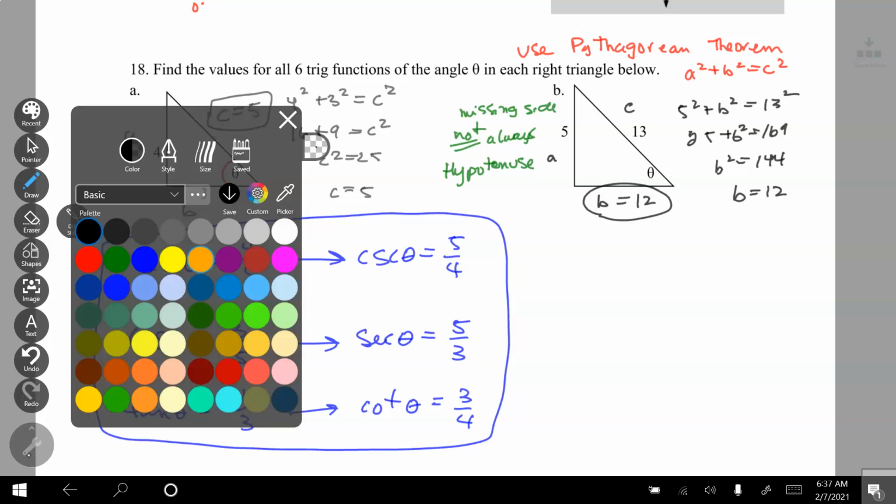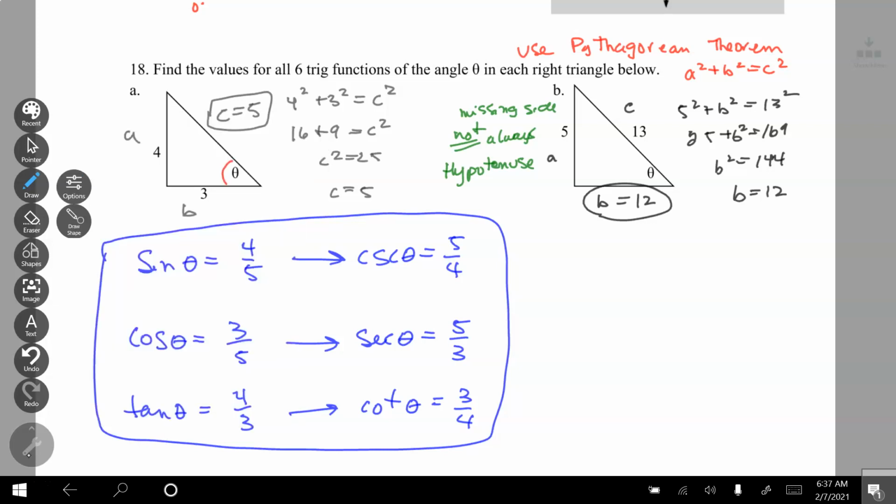So when I write out this whole thing out, sine of theta is opposite over hypotenuse, and cosecant is its reciprocal. Cosine of theta is adjacent over hypotenuse, and secant is its reciprocal.